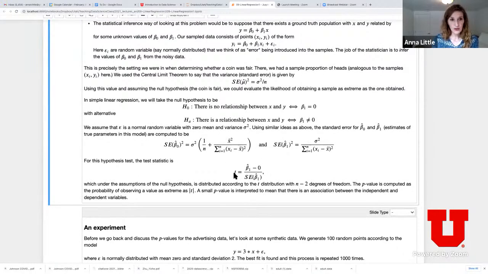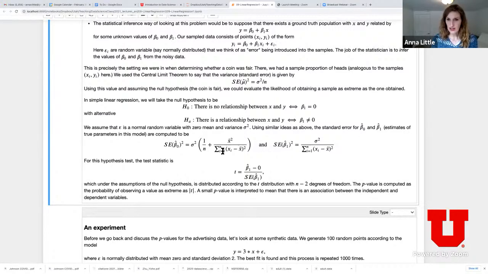Okay, so we assume that epsilon is a normal random variable, say with 0 mean, right? So we want to see equal scatter above and below the line of best fit, and variance sigma squared. And so using similar ideas, you can work out standard errors for the intercept and the slope.